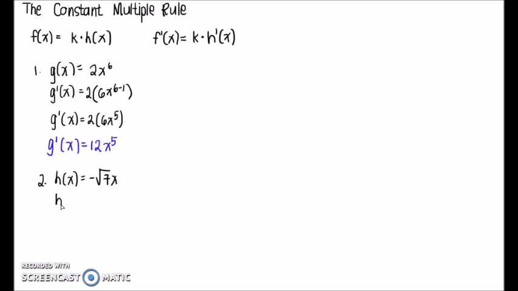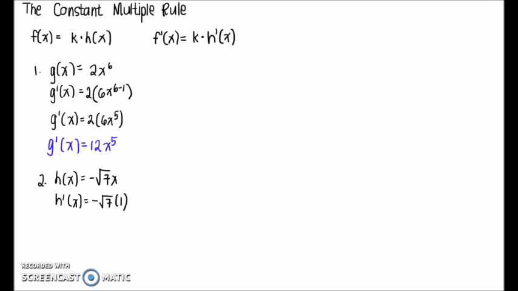So that will be h prime of x, or the derivative of h of x, is equal to, just copy the constant, so negative square root of 7, then get the derivative of x. And as you may have remembered, the derivative of x from our previous discussion is just equal to 1.